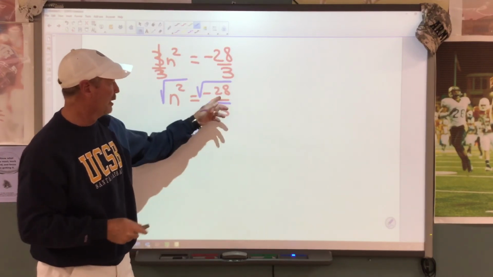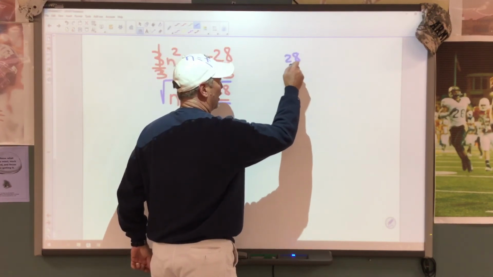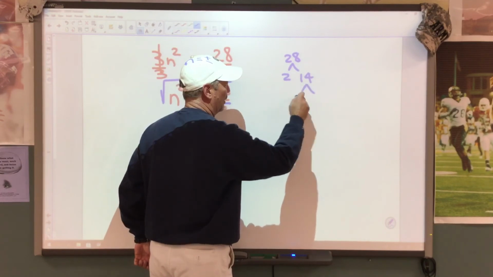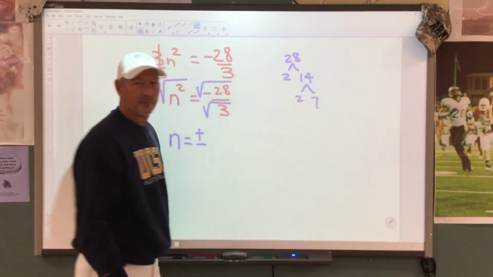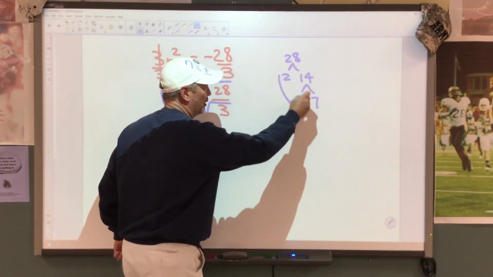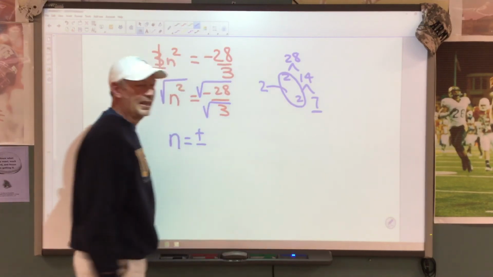We're going to come over here and we're going to break down our 28. That's going to be 2 times 14. That's going to be 2 times 7. Here's a pair of 2's. I get to take out a 2, but the 7 has to stay inside.